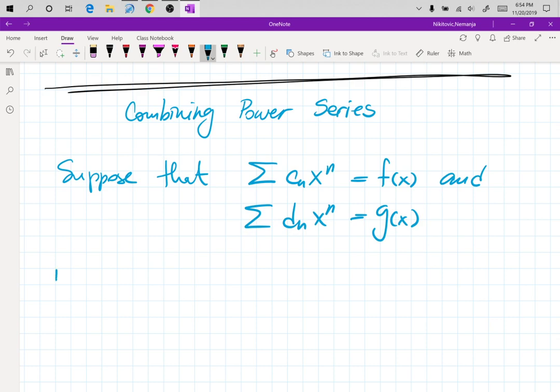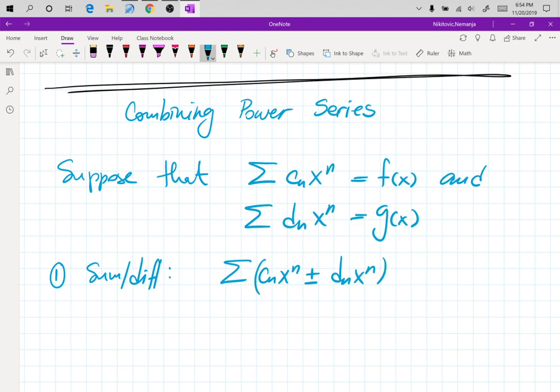Now we have number one, sum and difference. We'll say that the power series of Cn x to the n plus or minus dn x to the n is going to give you f of x plus or minus g of x. It's one of the linear properties, which is awesome to have.